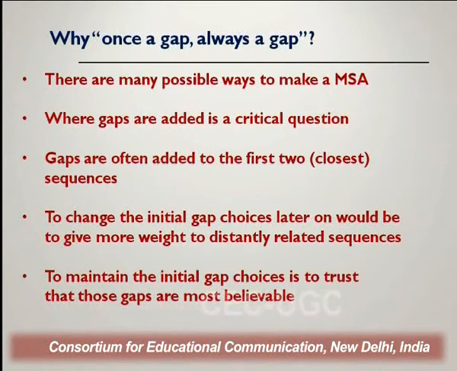Gaps are often added to the first two closest sequences, and to change the initial gap choices later on would be to give more weight to distantly related sequences. To maintain the initial gap choices is to trust that those gaps are the most needed ones.